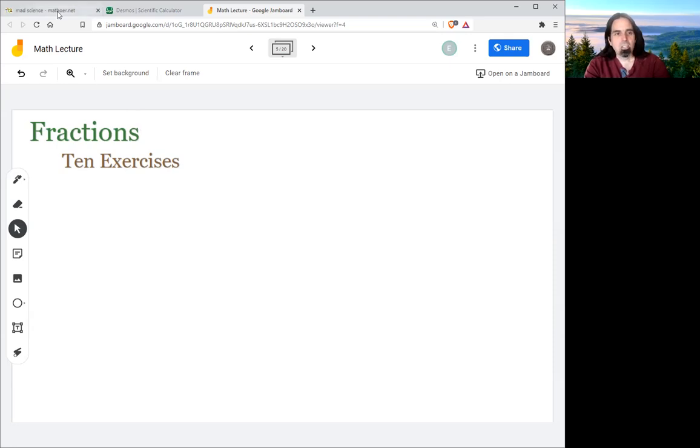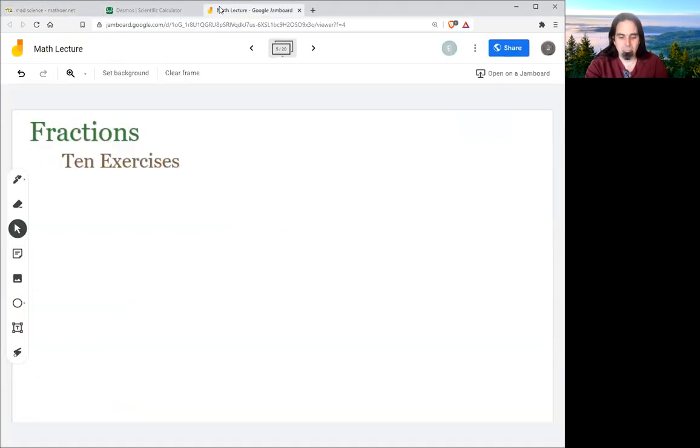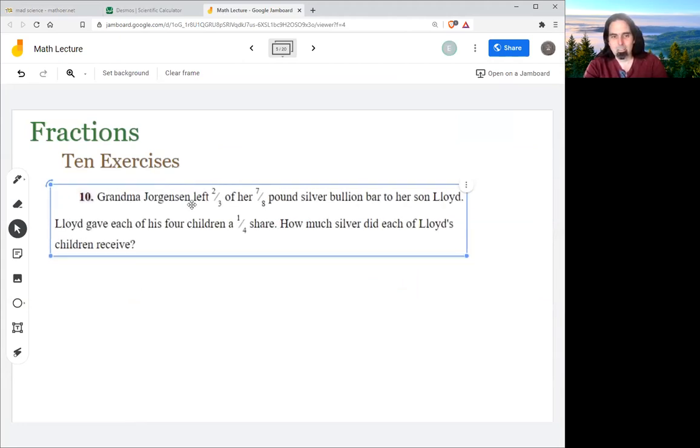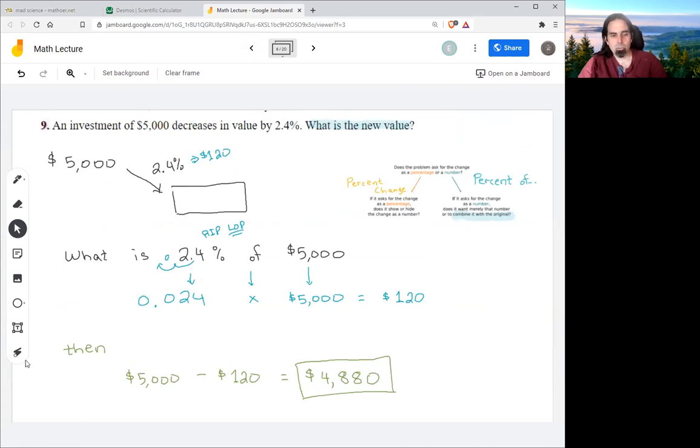Okay, fractions, 10 exercises, number 10. Let me bring it up not so wide. This is very similar to what we did actually. Whenever we have the word of, we're going to turn it into multiplying.